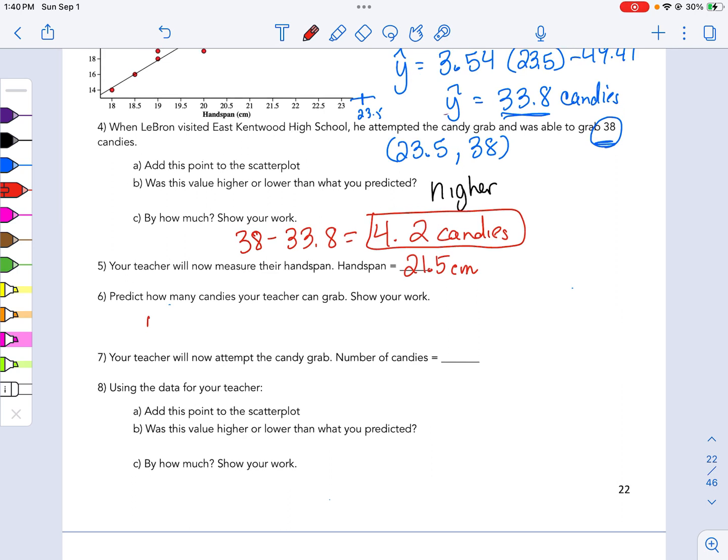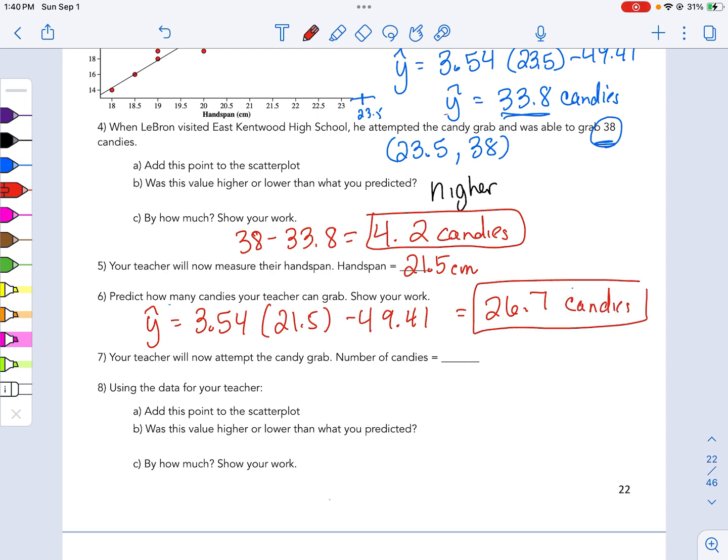We're going to take that equation, y hat equals 3.54 times my hand span, that's my x value, 21.5, and then subtract the 49.41. If you plug that into your calculator, 3.54 times 21.5 minus 49.41, I get 26.7 candies. So again, somewhere between 26 and 27.